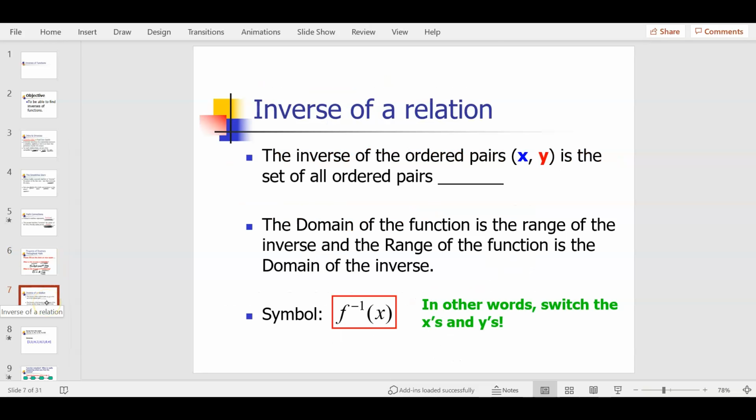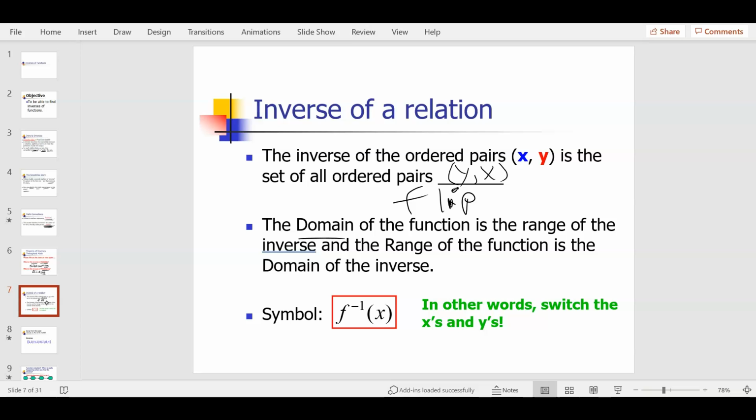Next one. The inverse of ordered pairs x comma y is the set of all ordered pairs y comma x. So again, you just flip them. We knew that from last week. You flip x and y.